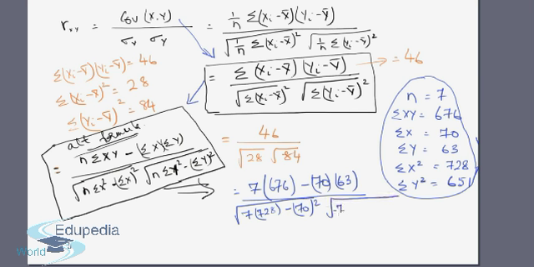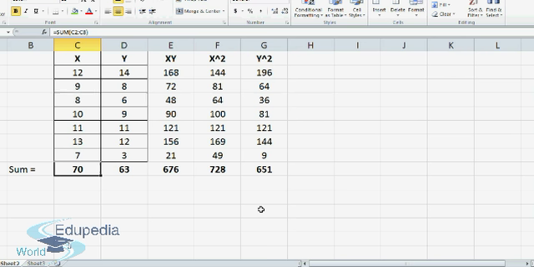That multiplied by 7 times the square of y, which is 651, minus summation of y, which is 63 square. Working this out, now we'll get the value of correlation.